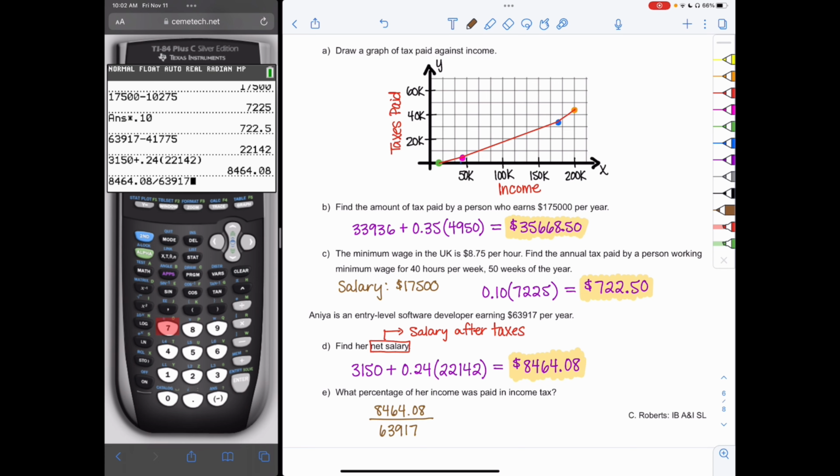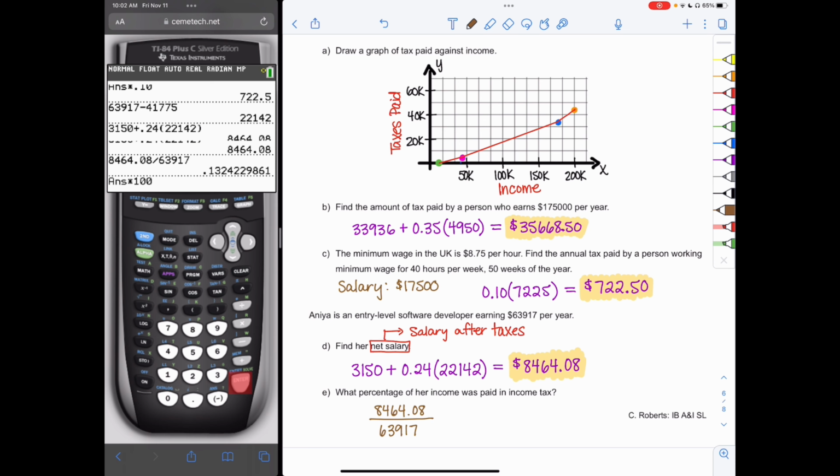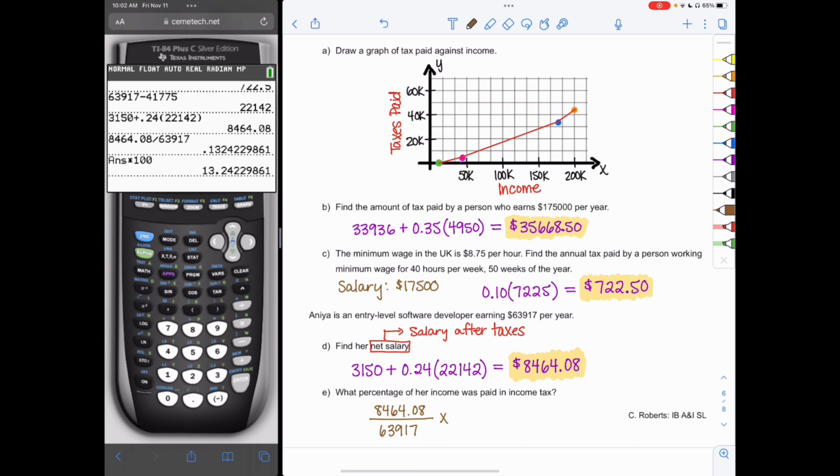And we will have to have that as a decimal, and then of course to turn it into a percent, multiply by 100. So that is approximately, in three significant figures, 13.2%. That's how much she was taxed.